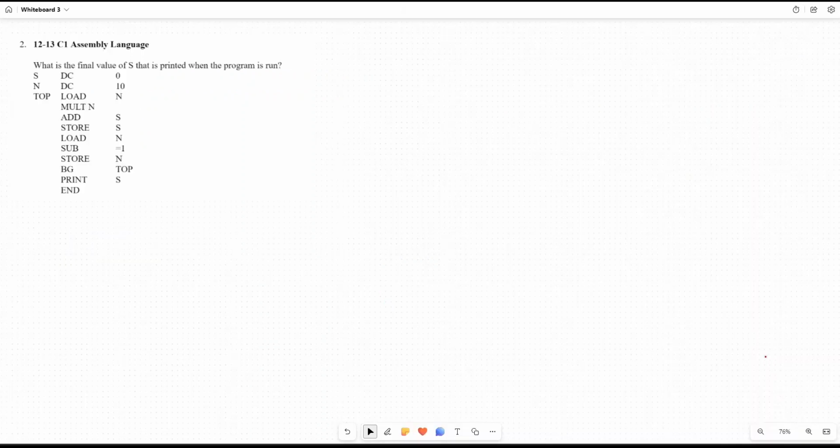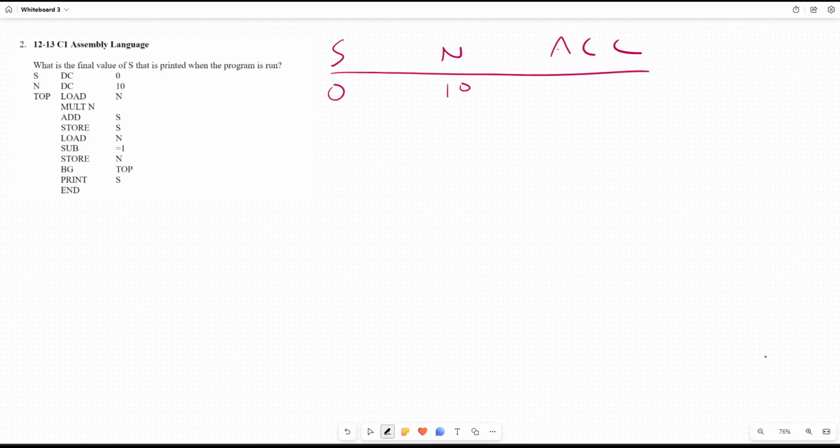This is a problem from a previous ACSL contest. We're going to start by constructing our table again. And here we have S, N, and the accumulator. We start on our first 2 lines of execution by saying that S is 0, N is 10, and our accumulator is 10.